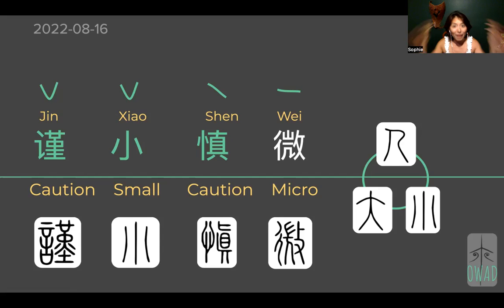That's very reasonable and logical, and that's exactly what this da and xiao concept could mean, right? And when I put them next to each other, I kind of figured out, oh, I understand. That's the intention.